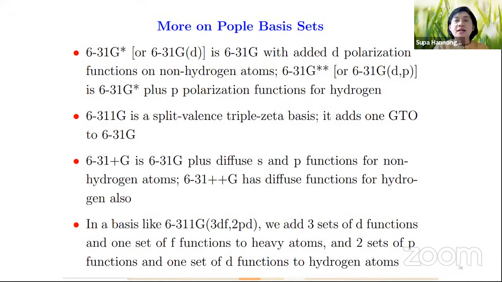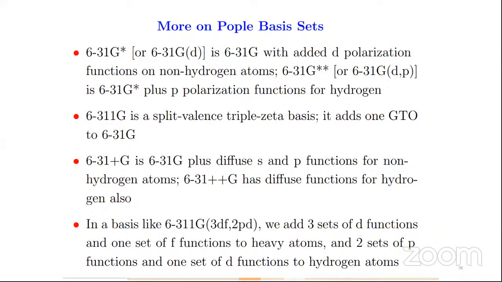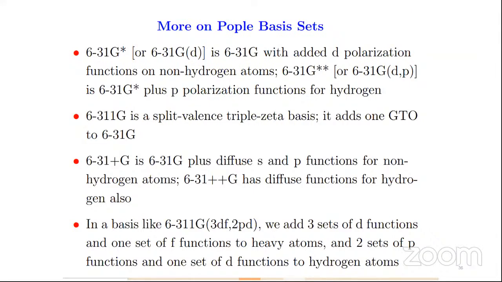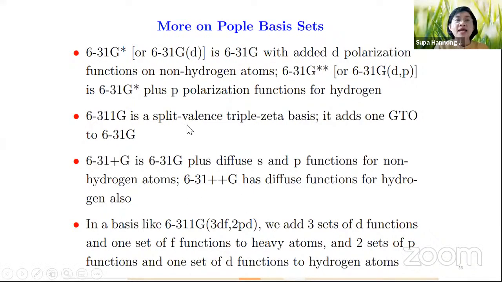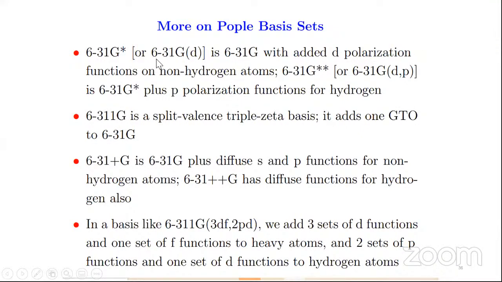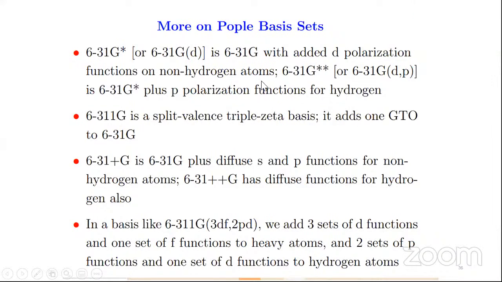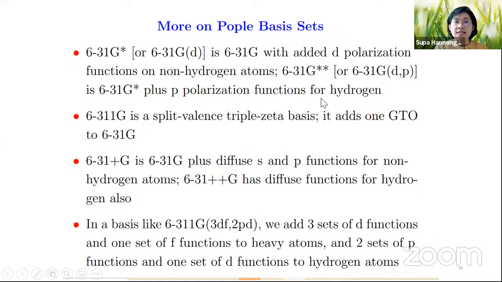And in this part, I would like to summarize again about the Pople basis functions. You have 3-21G, you have 6-31G. Right now, in summary, you can have 6-31G star or 6-31G(d), where you add polarization on the non-hydrogen atoms, and double star if you add polarization on hydrogen atoms.